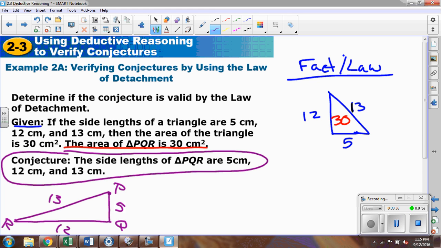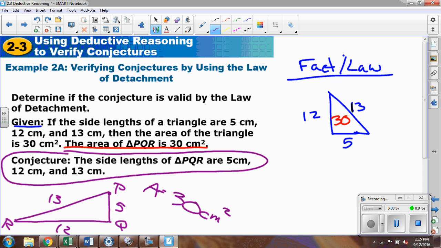Its area is 30. Because the law is telling us any triangle with 5, 12, 13 sides has an area of 30, and this is one of them. And so the law of detachment tells us the area has to be 30 centimeters squared. That's it. We're done.